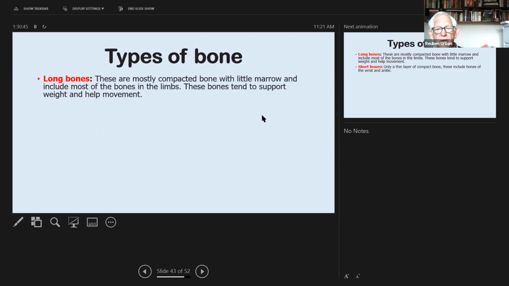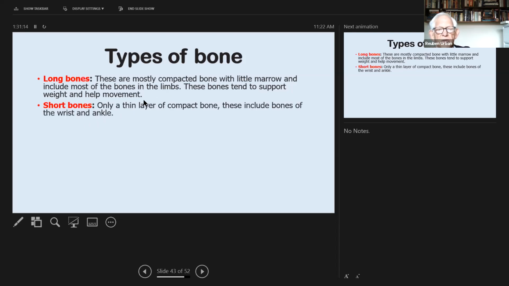So we have long bones. These are mostly compacted with a little bit of marrow, but these bones tend to be supportive. They do some metabolic function, but when they have a lot of supporting weight, it's more the support.